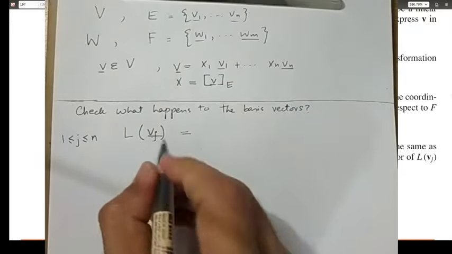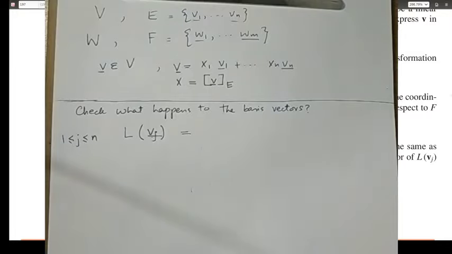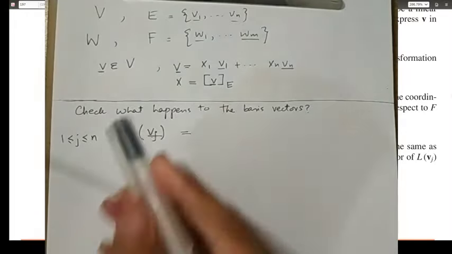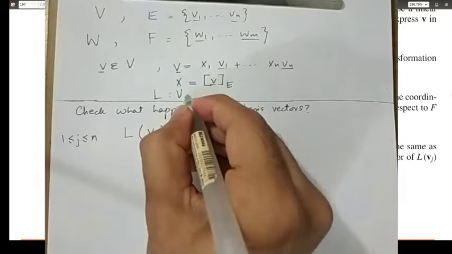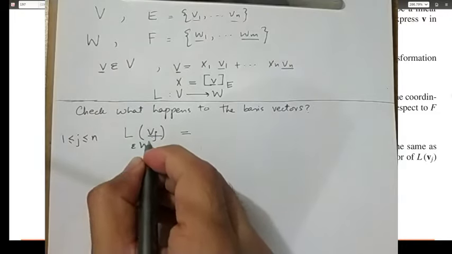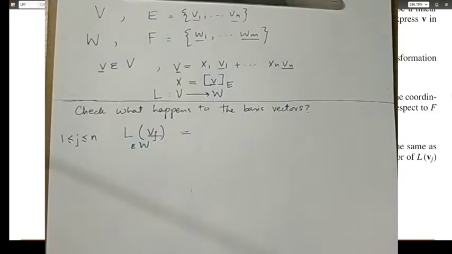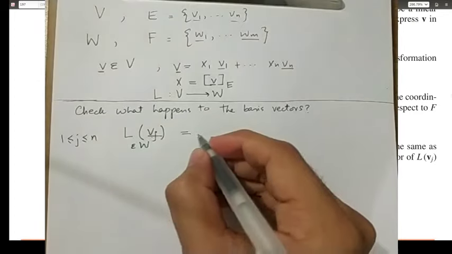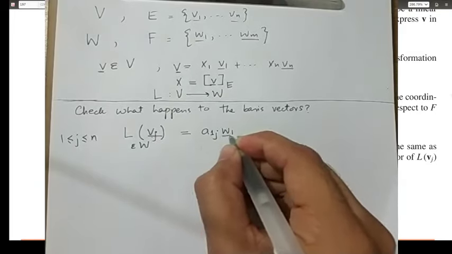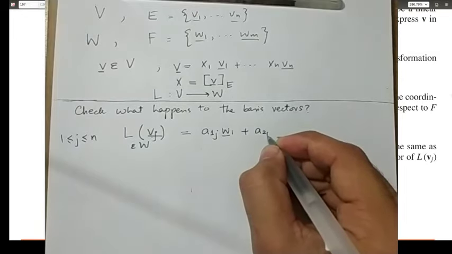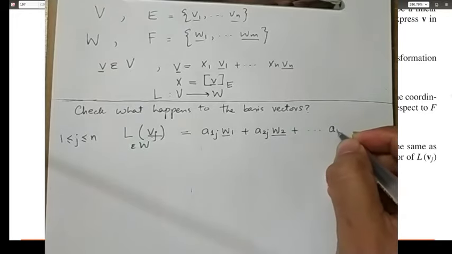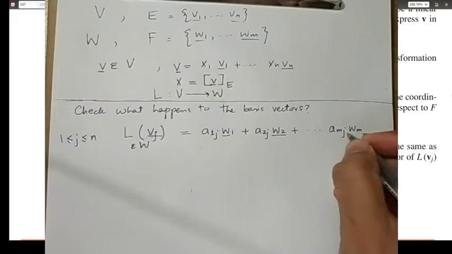Well, I know that this vector has to belong, if I transform this, L is a linear transformation from V to W. That means L of Vj is going to be a vector in W, which means I can express this vector as A1j W1 plus A2j W2 plus up until Amj Wm.